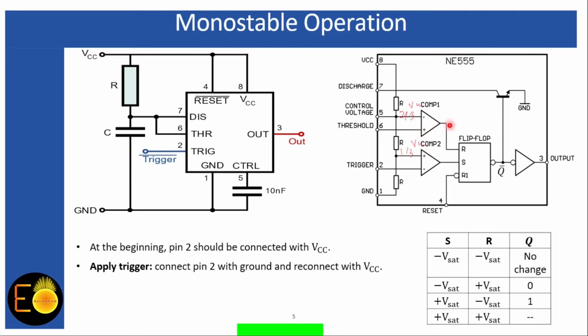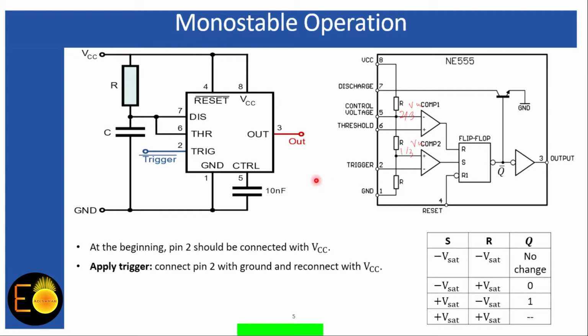So the output of the upper comparator, comparator 1, is also minus VCC, corresponding to logic 0 input for the R input also. And that is the condition that you can see over here, that both of these inputs are 0, 0. No changes. No changes means the output will stay at its stable state, that is the 0 state.